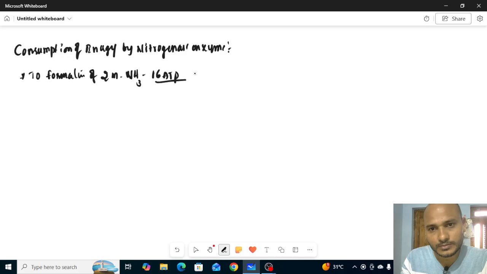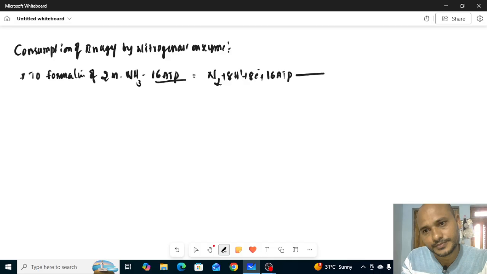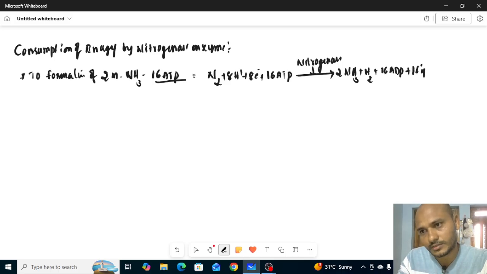It means that the formula here is atmospheric nitrogen combined with 8 protons plus 8 electrons plus 16 ATPs in the presence of this nitrogenase enzyme, then it makes 2 molecules of ammonia, and here hydrogen plus 16 ADP and 16 inorganic phosphate.